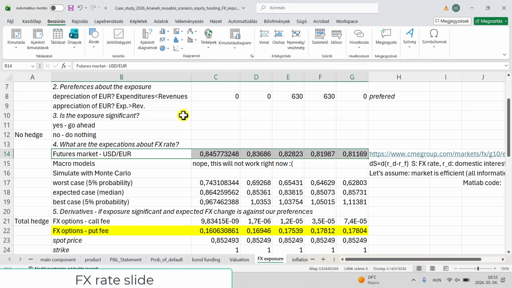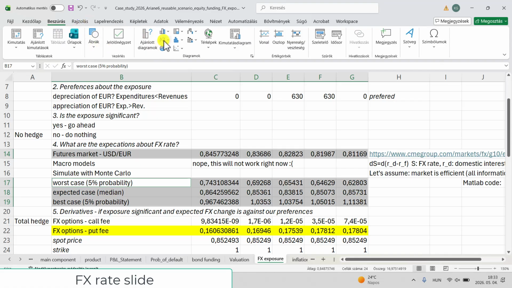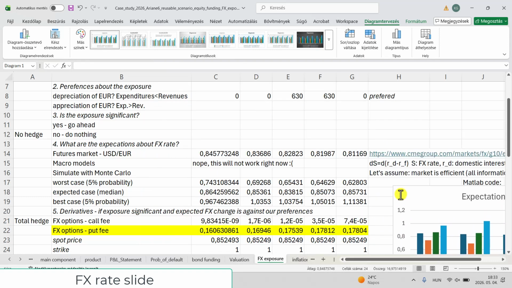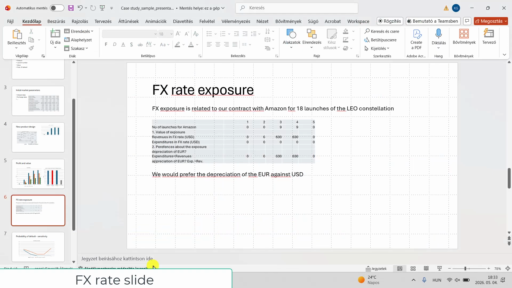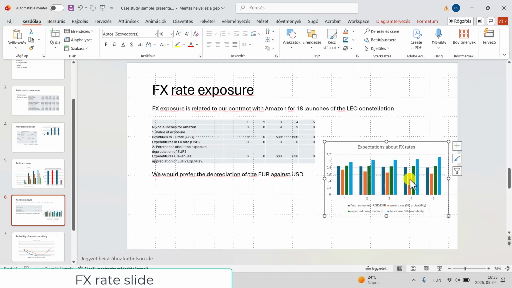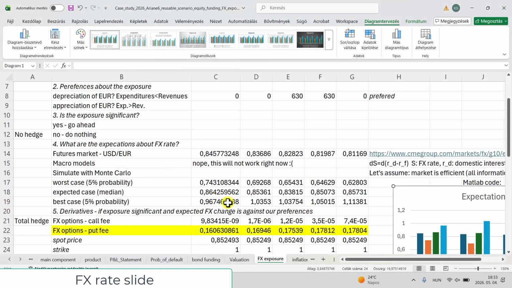So let's make maybe a bar diagram again from all of this data, because presentation is a good thing. So we can see that for each year we have some kind of data from the futures market or from our simulations.